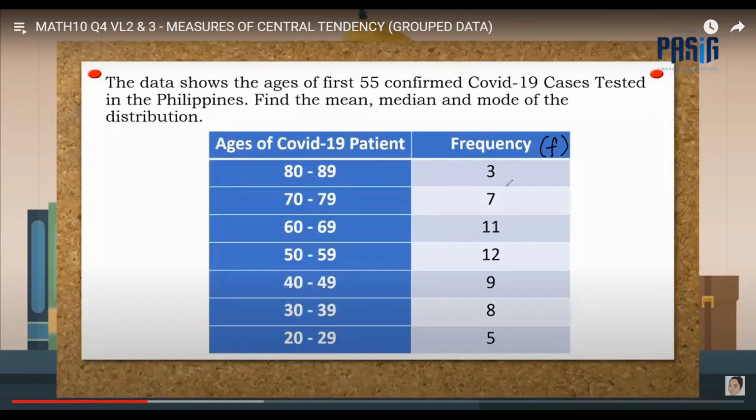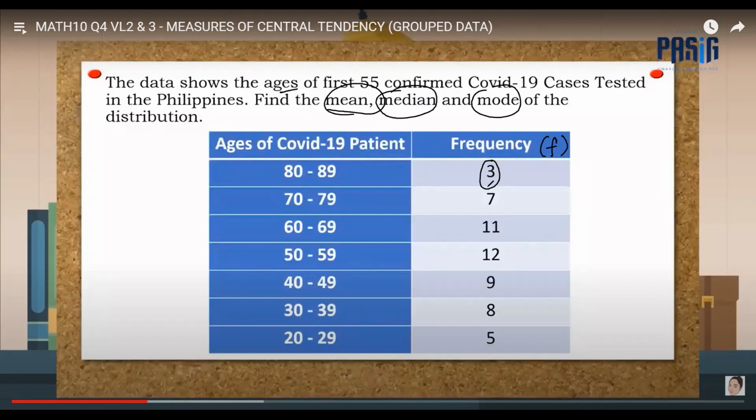So, anong ibig sabihin ng frequency na yan? Ibig sabihin yan, like for example, itong 3. Itong 3, ibig sabihin po niyan, merong tatlong patient, kasi remember that this table is the ages of the first 55 confirmed COVID-19 cases tested in the Philippines. So you have to find the mean, the median, and the mode of this distribution table.